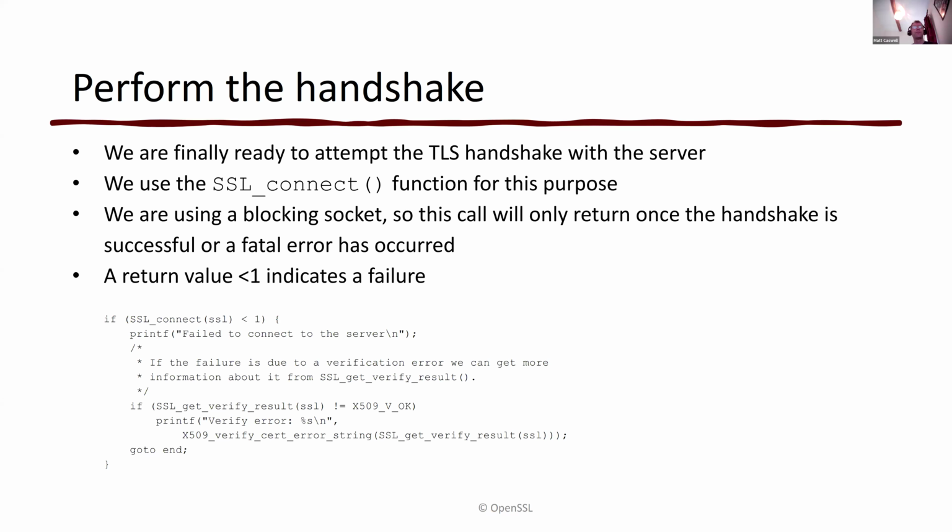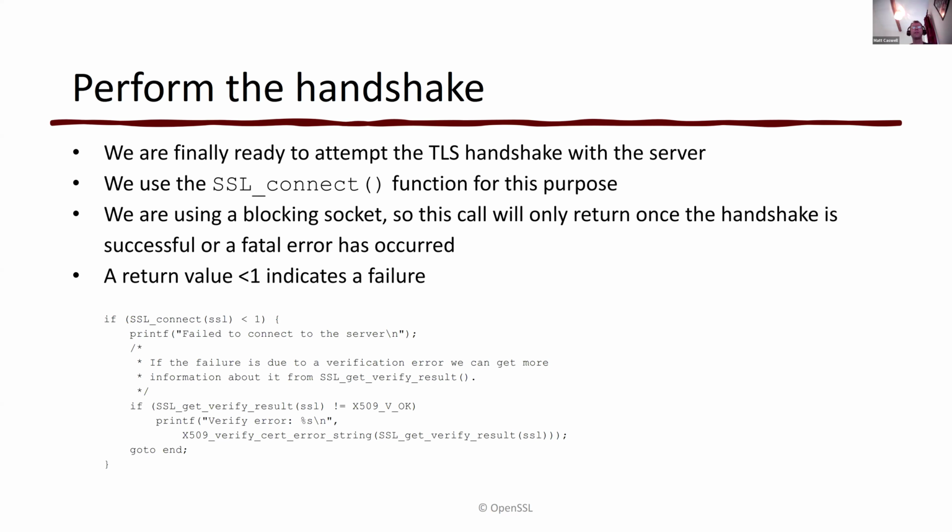All right. So finally, we are now ready to actually connect to the server at the TLS level. So we perform the TLS handshake with the server, and we do that through a function SSL_connect. Remember I said we were using a blocking socket.